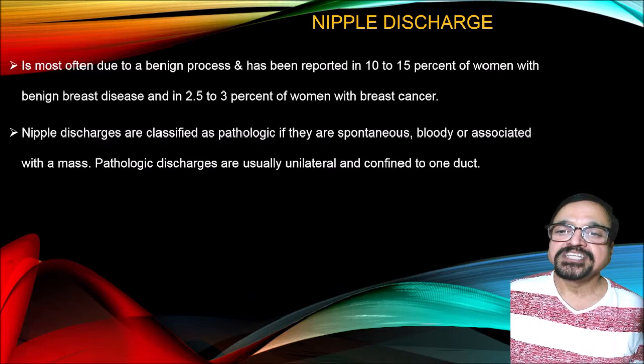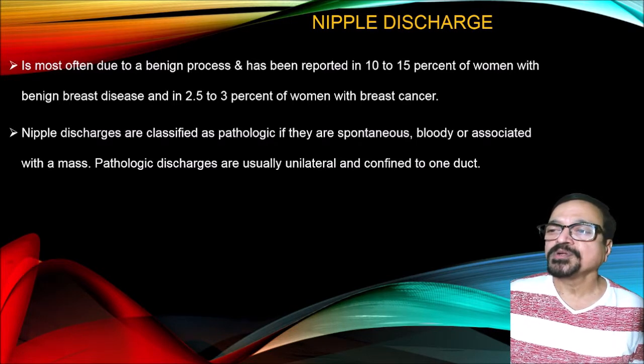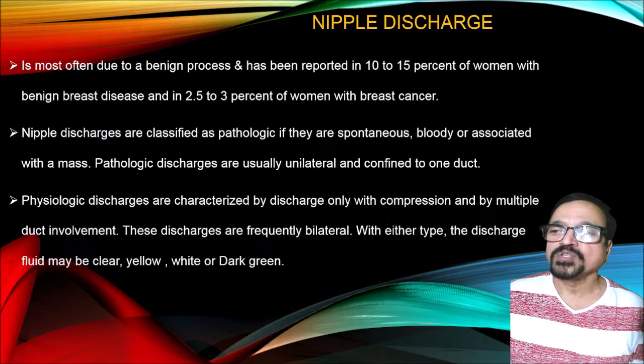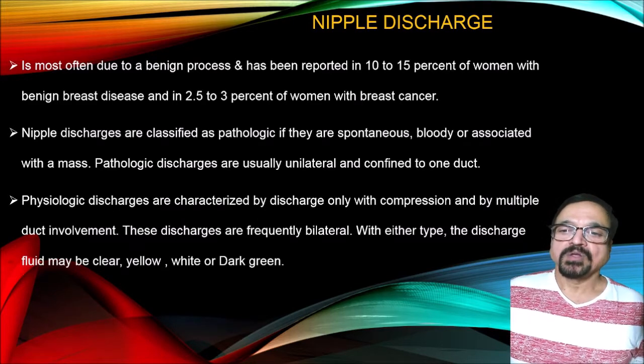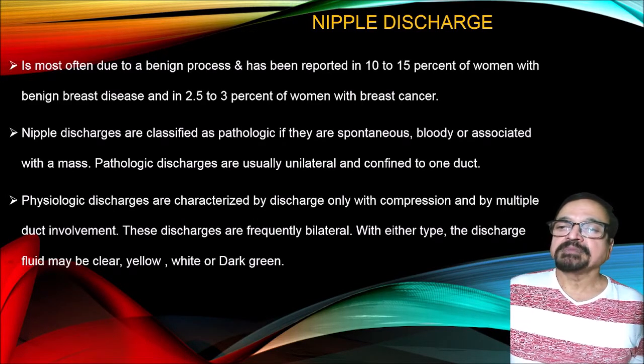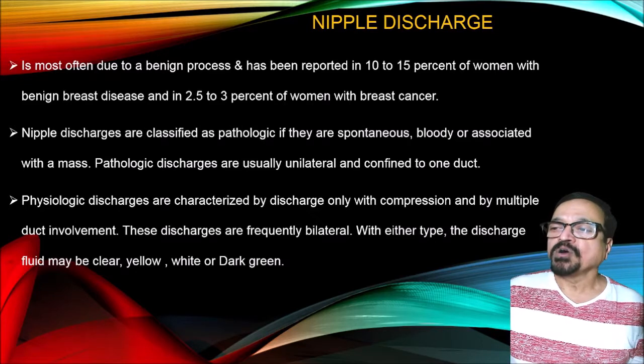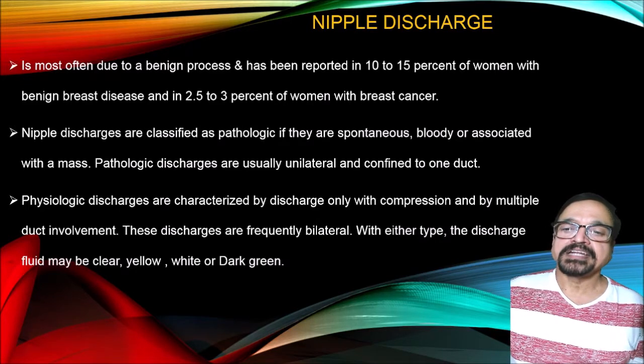Now, nipple discharges are classified as pathologic if they are spontaneous, bloody or associated with a mass. Pathologic discharges are usually unilateral and confined to one duct. So that is also an important clinical finding one clinician has to see. Physiologic discharges are characterized by discharge only with compression and by multiple duct involvement.